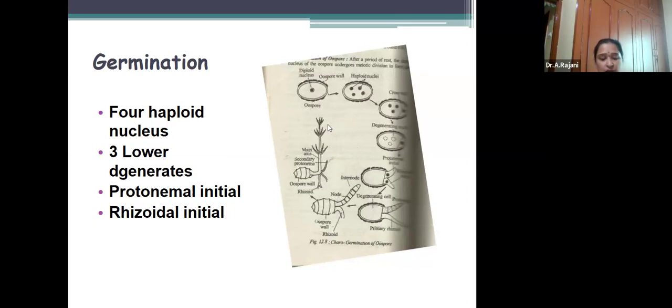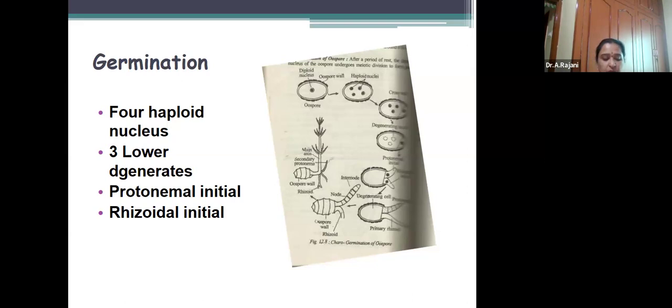This is the development and germination of the oosphere. Now, what is the life cycle of the plant body here? Alternation of generation is there. The plant body of Chara is haploid. The diploid condition is found only at the oosphere stage.